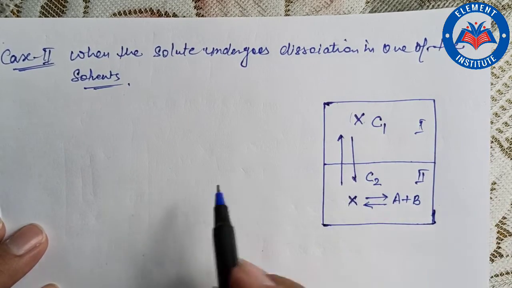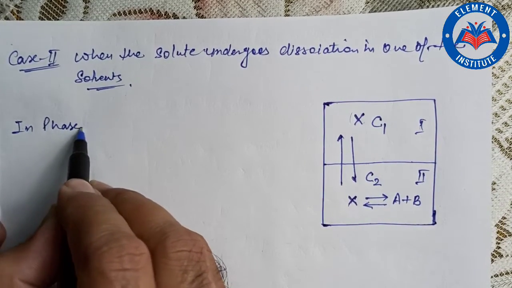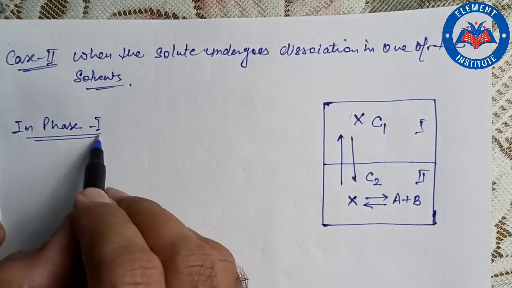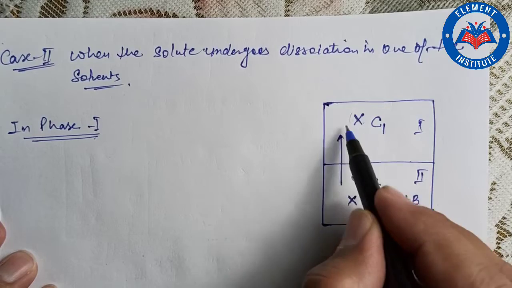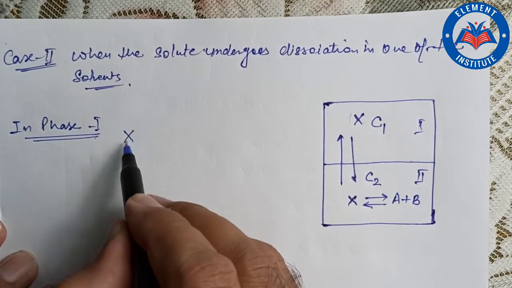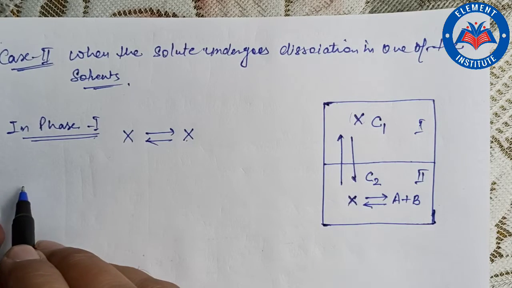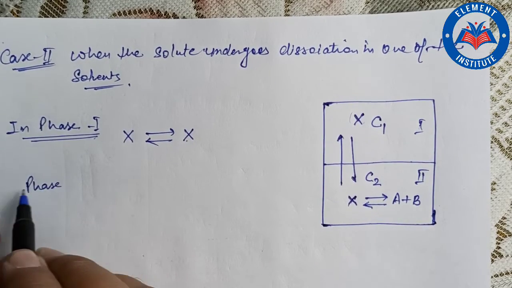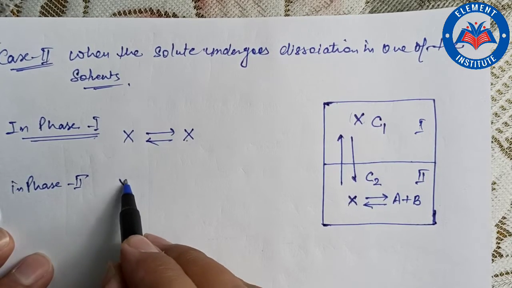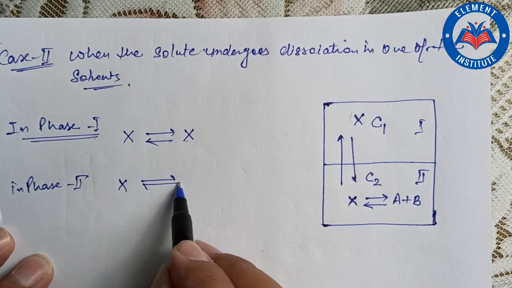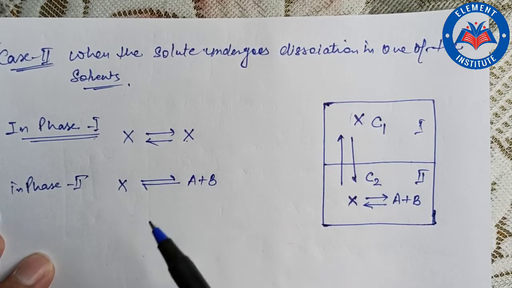Okay, now what is going to happen in phase 1? As it is not undergoing any association or dissociation in phase 1, we will have this type of equilibrium in phase 1, and in phase 2 the X is undergoing dissociation and forming two molecules.